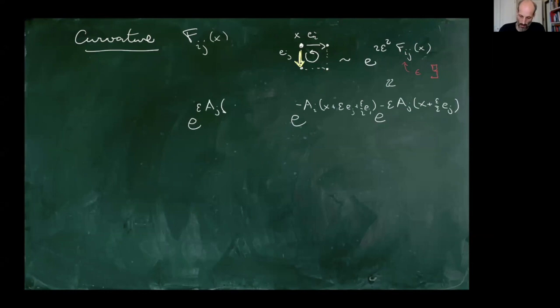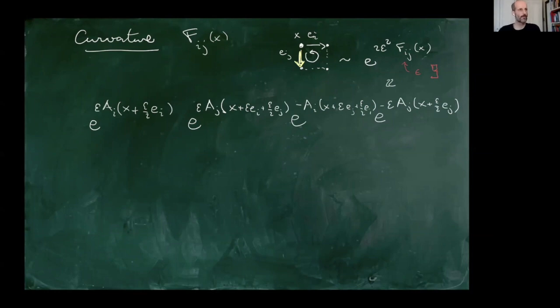This time I'm one step to the right, so I have a plus epsilon e_i plus epsilon over 2 e_j. And then finally I go back, and so I have an epsilon A_i at x plus epsilon over 2 e_i.